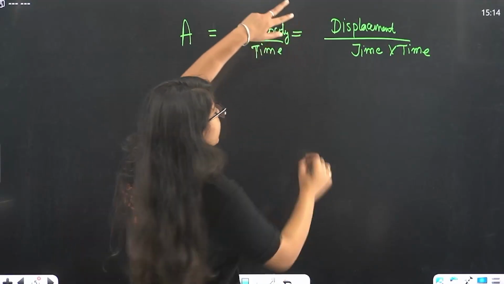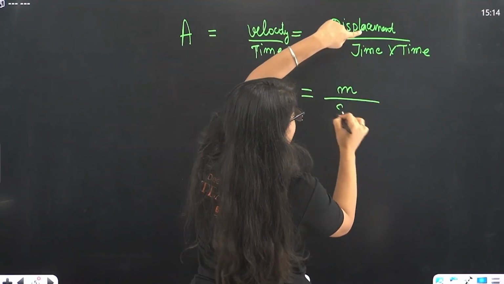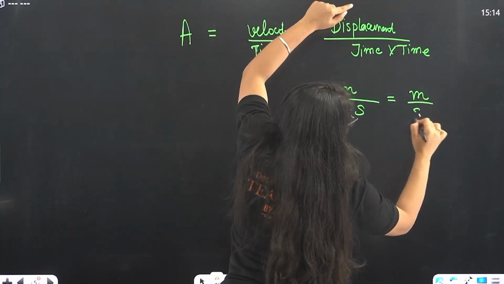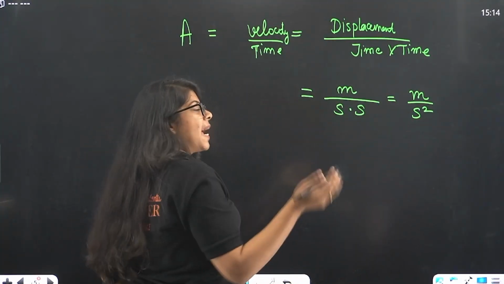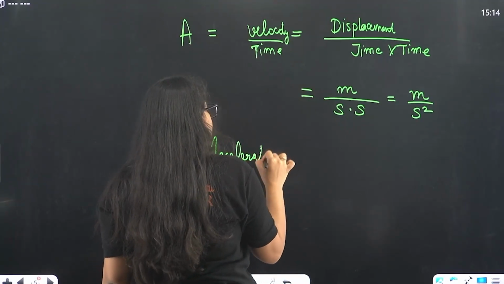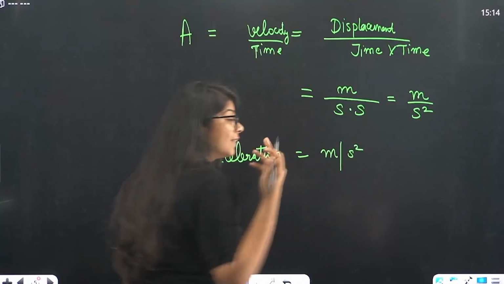So the unit of displacement is what? It is meter. Unit of time is what? Second into one more second, so this can be meter by second square. So acceleration has meter per second square units.